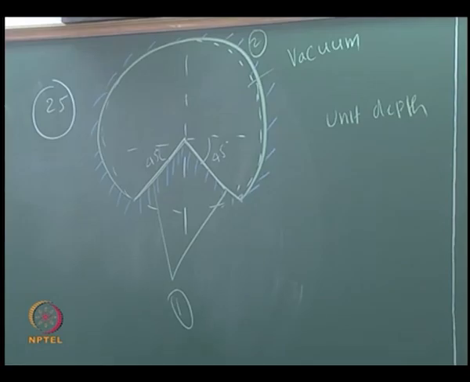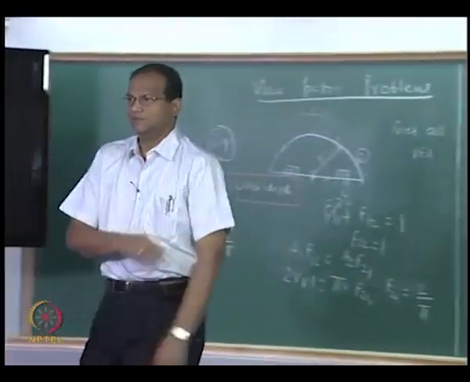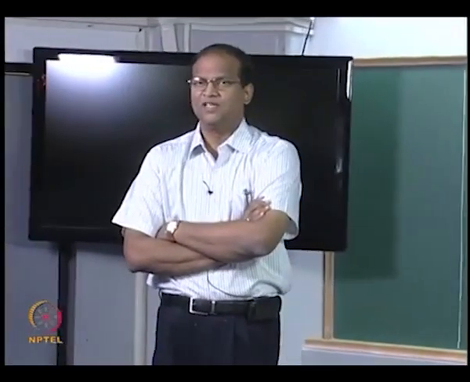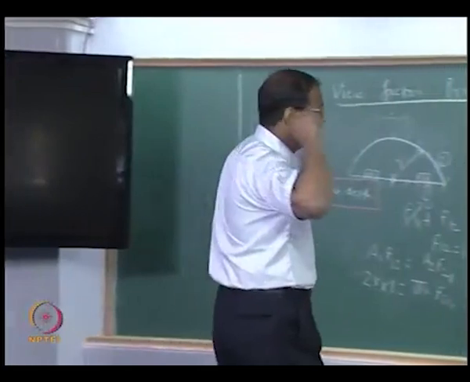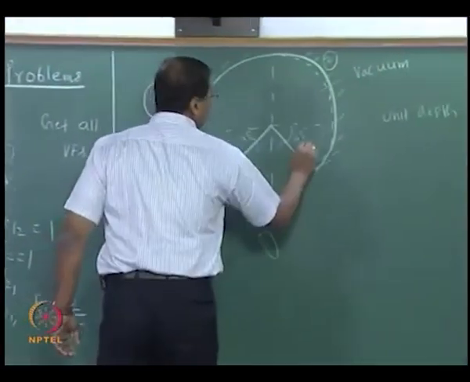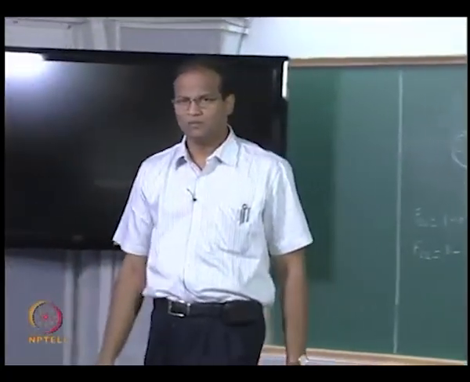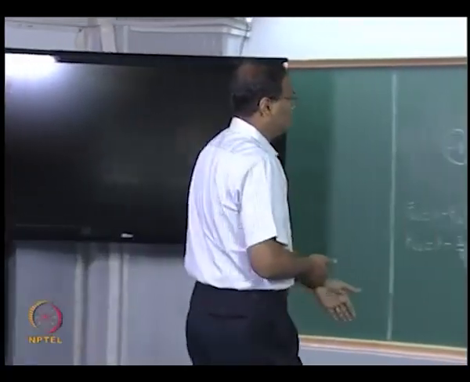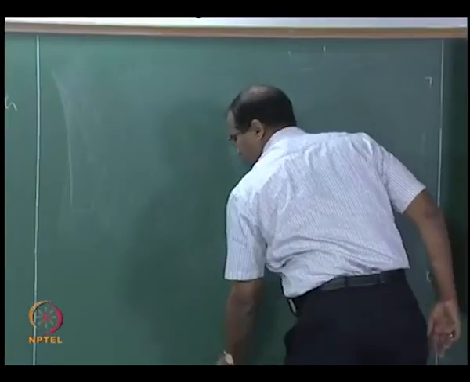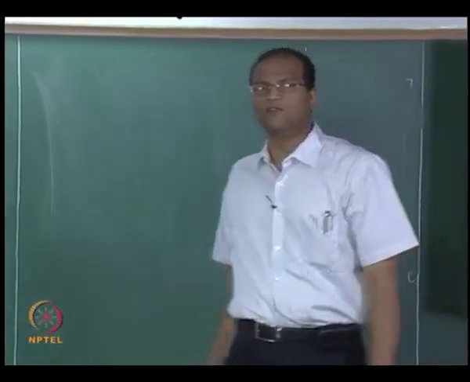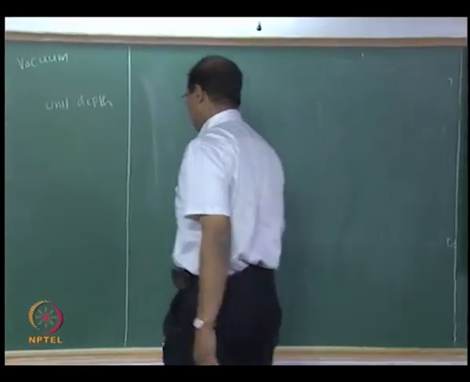What is the included angle? 90, very good. So radius, needless to say, is R. You convert the problems appropriately for the given configuration with unit depth, determine all view factors.